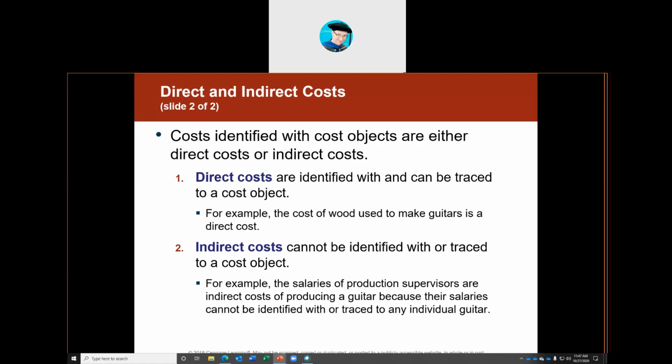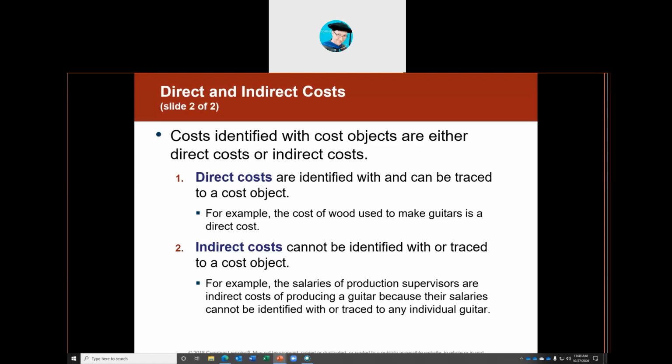Those are direct costs. Then we also have indirect costs. Indirect costs are things we cannot directly trace to the manufacturing process. These would be things like office salaries, the salary of the controller, the office administration salaries, and office expenses like the printer paper and office supplies.